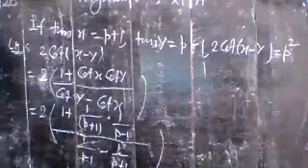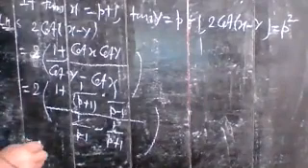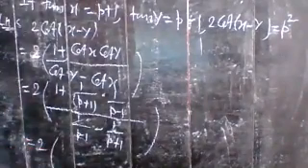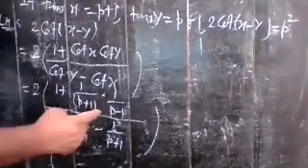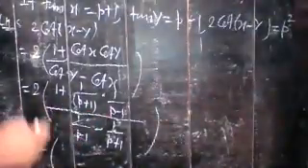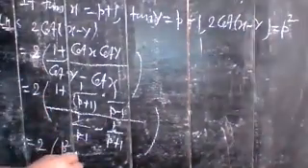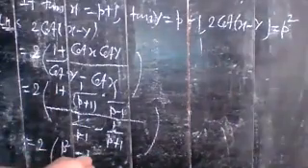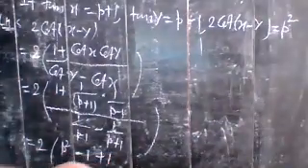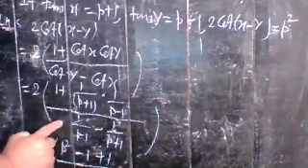Just taking LCM and simplifying. So that is equal to 2 times, here your LCM is p square minus 1 in numerator and denominator both. So here you have p square minus 1 plus 1 whole divided by p square minus 1.